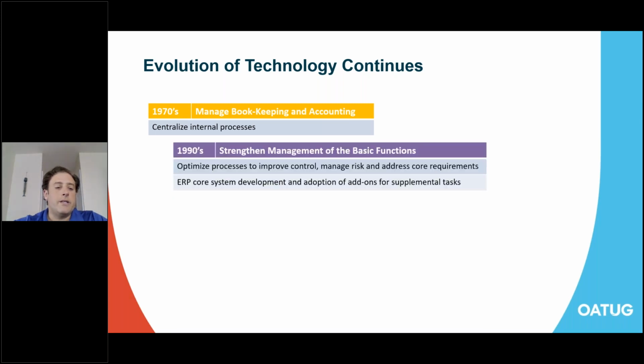And in the 90s, with the advent of ERPs and computing, the adoption of such tools helped to centralize and improve control over key tasks and manage risks within the systems.